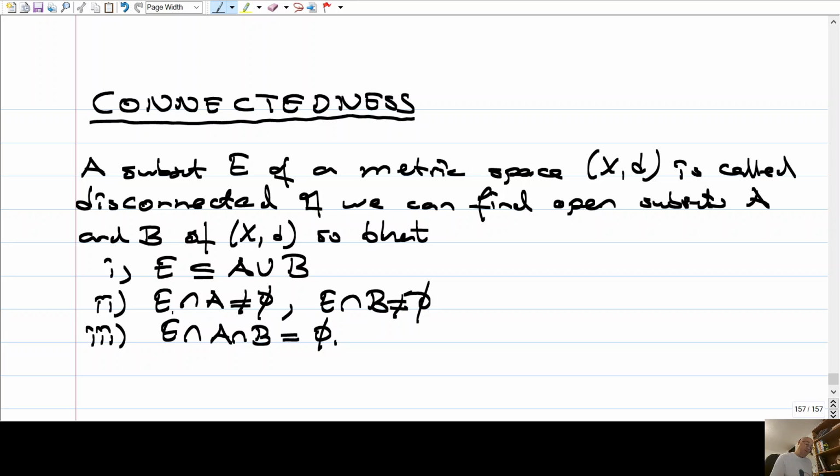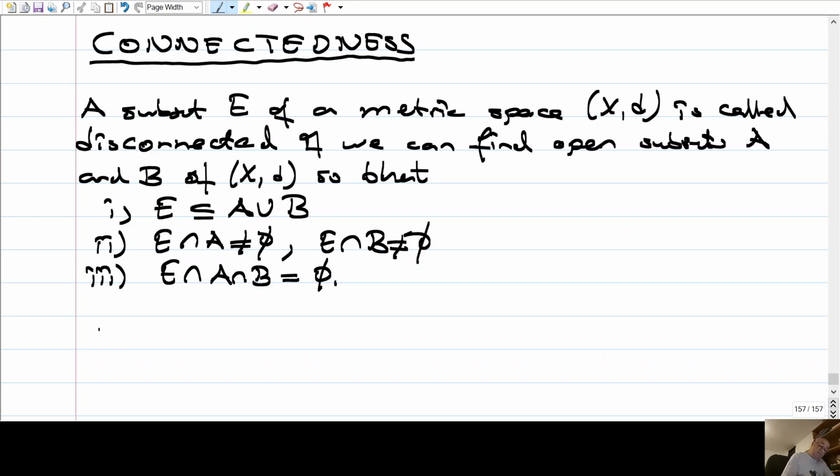In other words, these two subsets should separate E into two pieces: a piece of E which lies inside A and a piece of E which lies inside B, and these two pieces should be disjoint, meaning that E intersection A intersection B should be an empty set.